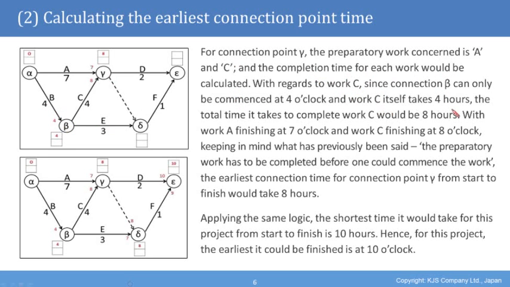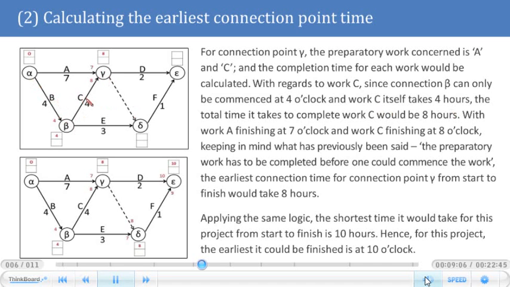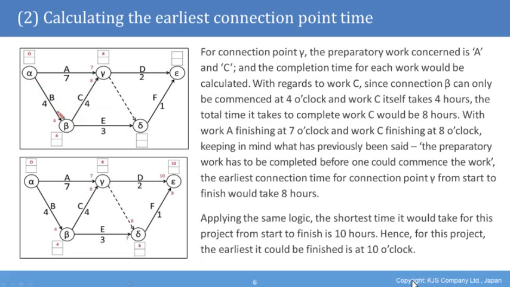And work C itself takes 4 hours, so to get from alpha to beta to gamma, you must do works B and C to go through this corner. Then it takes 4 hours to do B, and it takes 4 hours to do C. So the total time it takes to complete work C would be 8 hours after you start the clock.